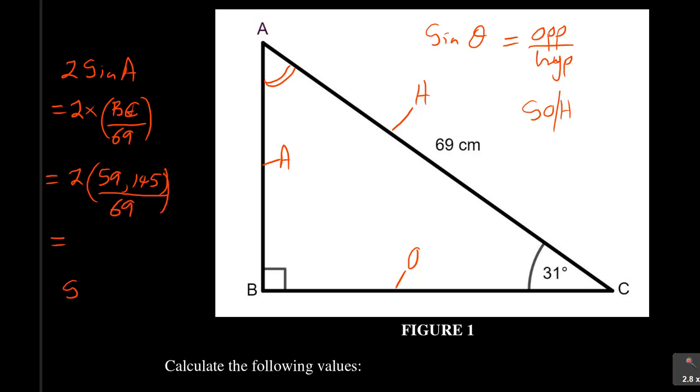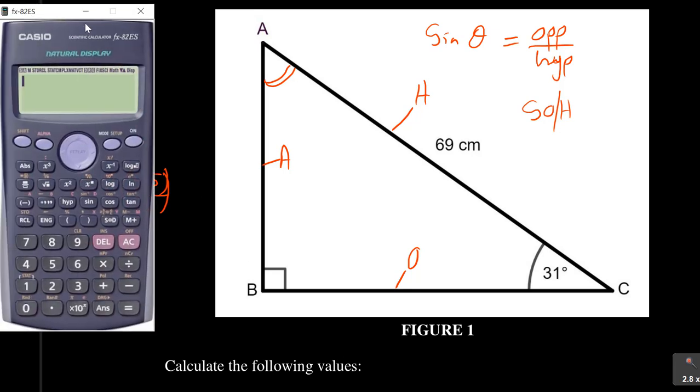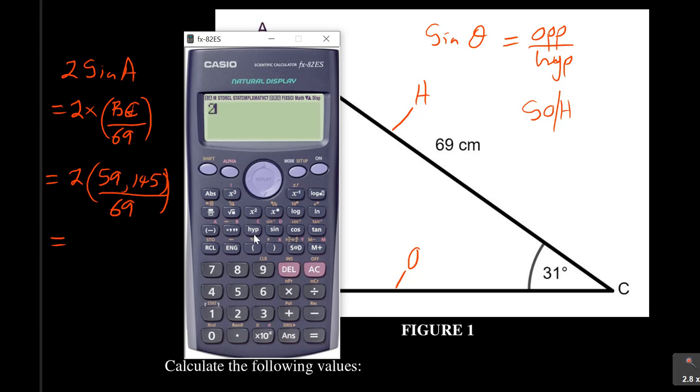When you simplify that, it will give us 2 into 59,145 all over 69.